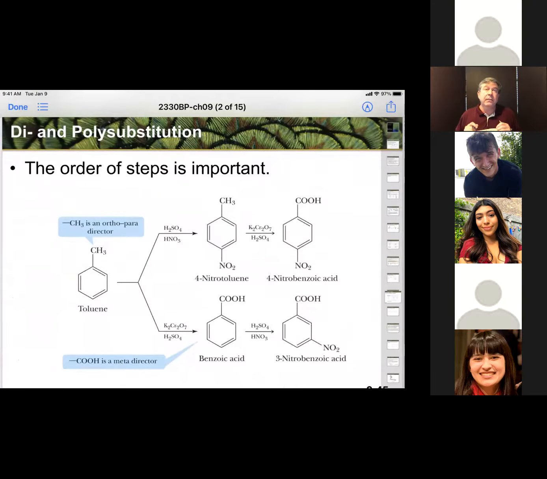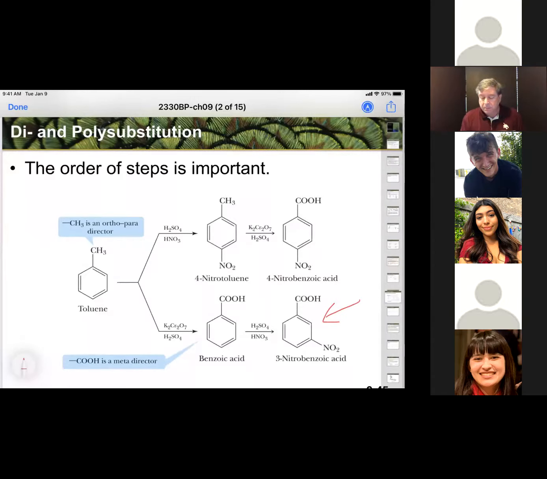That means that if you want a specific isomer and you have 2 steps to make it, you need to pick the correct order of those reactions. Let's say, for example, you wanted this isomer of nitrobenzoic acid.